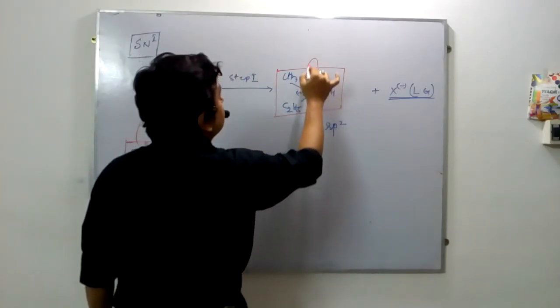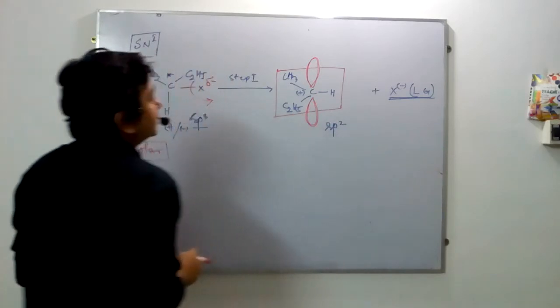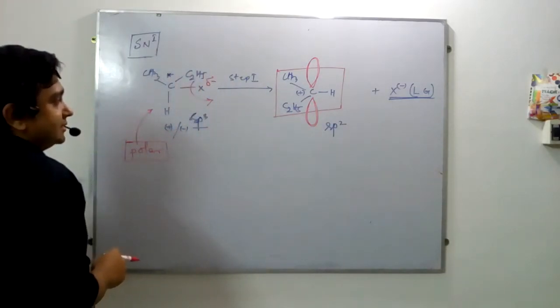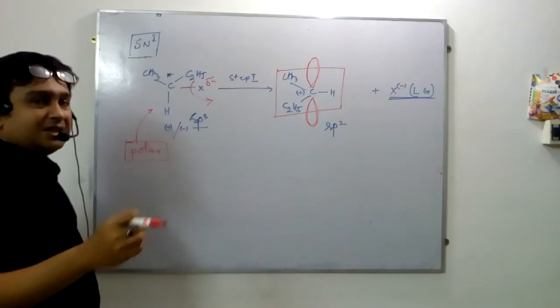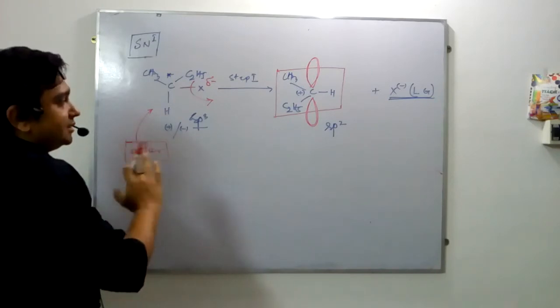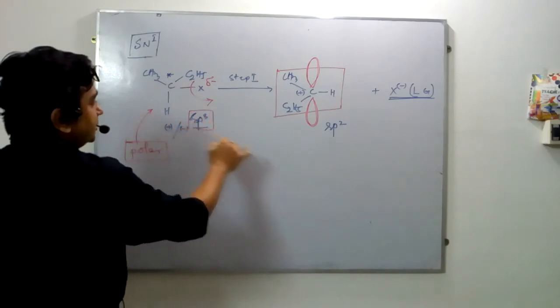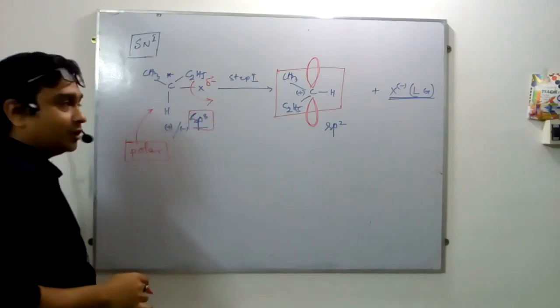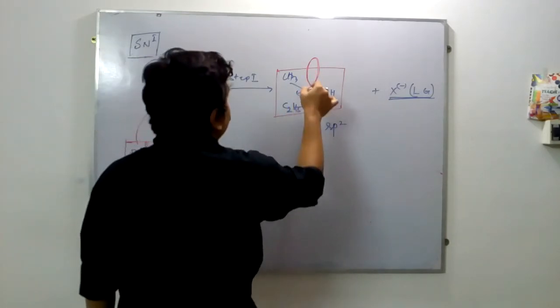One lobe is projected towards me and the other lobe is projected behind the whiteboard, like this. Whenever a carbon contains a plus charge, please keep in mind that definitely it will be a planar structure. So hybridization changes from sp3 to sp2. In state 1, it's a vacant p orbital.